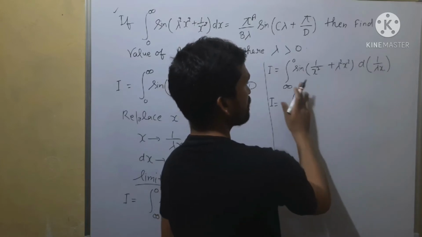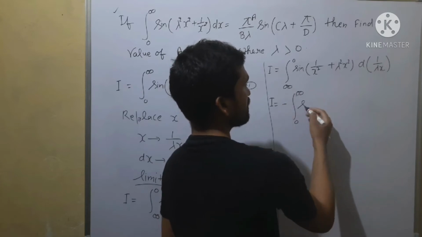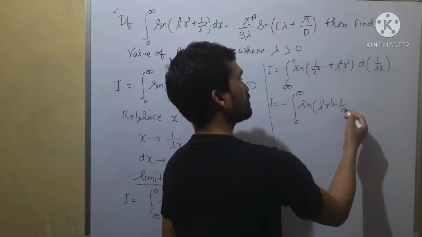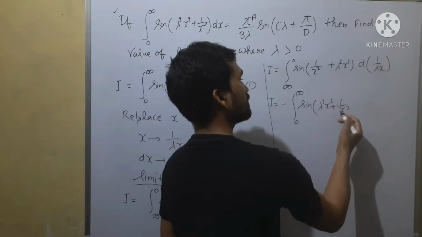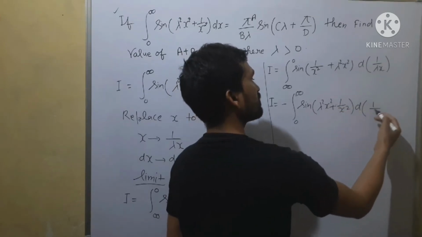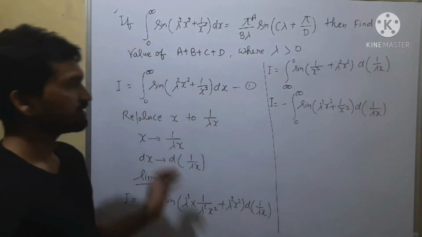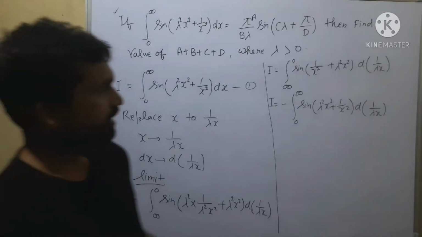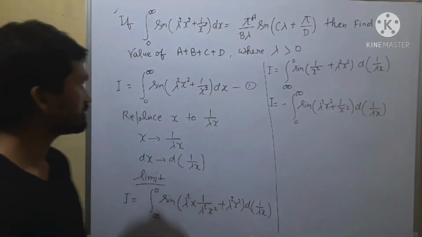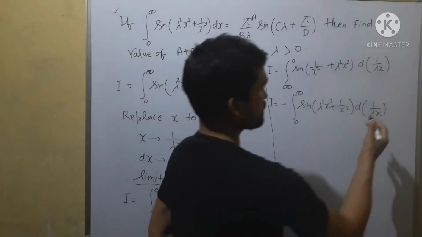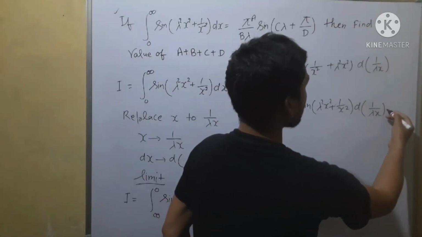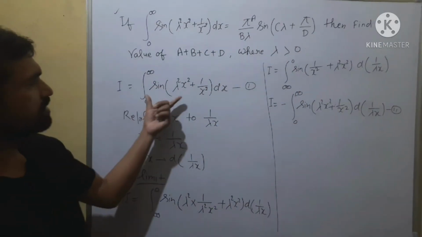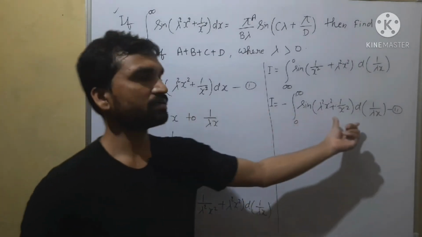So it is 0 to infinity, sine of lambda square x square plus 1 by x square, and it is d of 1 by lambda x. Guys, you can see easily it is only simplification, and we should consider it as our result number second.